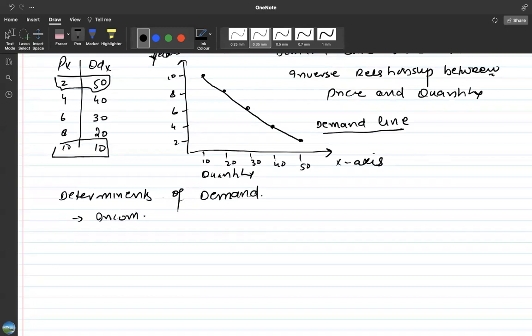If income of consumer rises, the demand may increase irrespective of the price. If you are becoming rich, you will always buy more costly iPhones and all that, because you won't be much concerned about the price then.